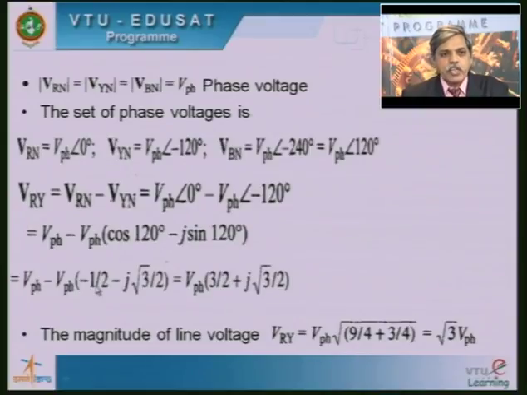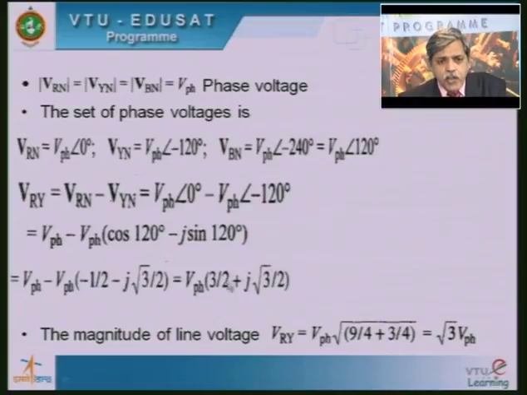So cos 120 is minus 1 by 2, sin 120 is root 3 by 2. I just substituted in this expression. Now if you open the brackets, I will get V phase plus V phase by 2. Added together I will get V phase into 3 by 2, that is 1.5, plus j root 3 by 2.